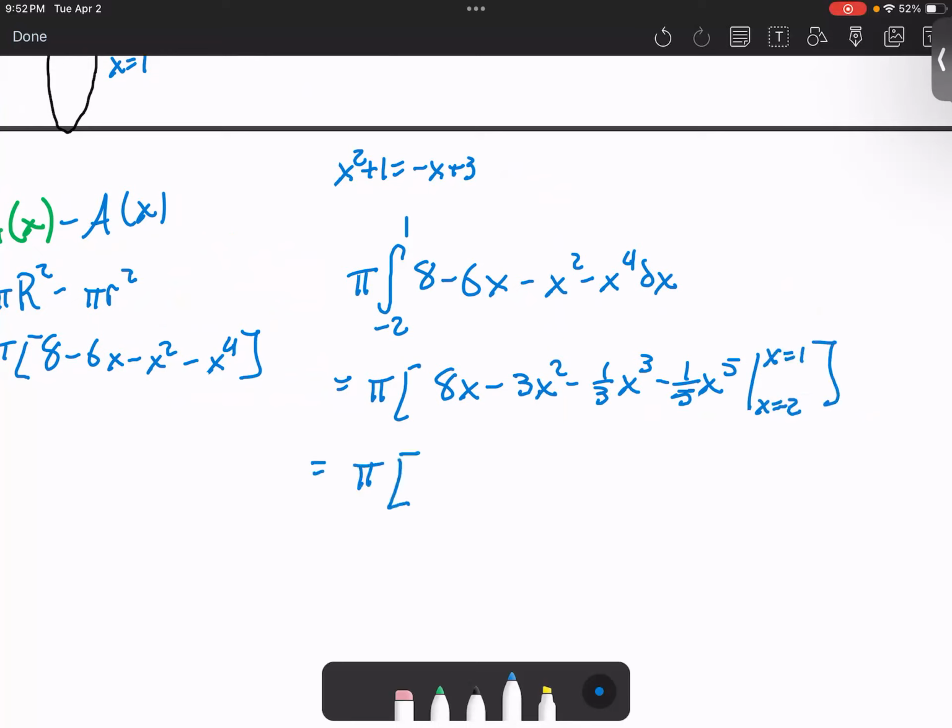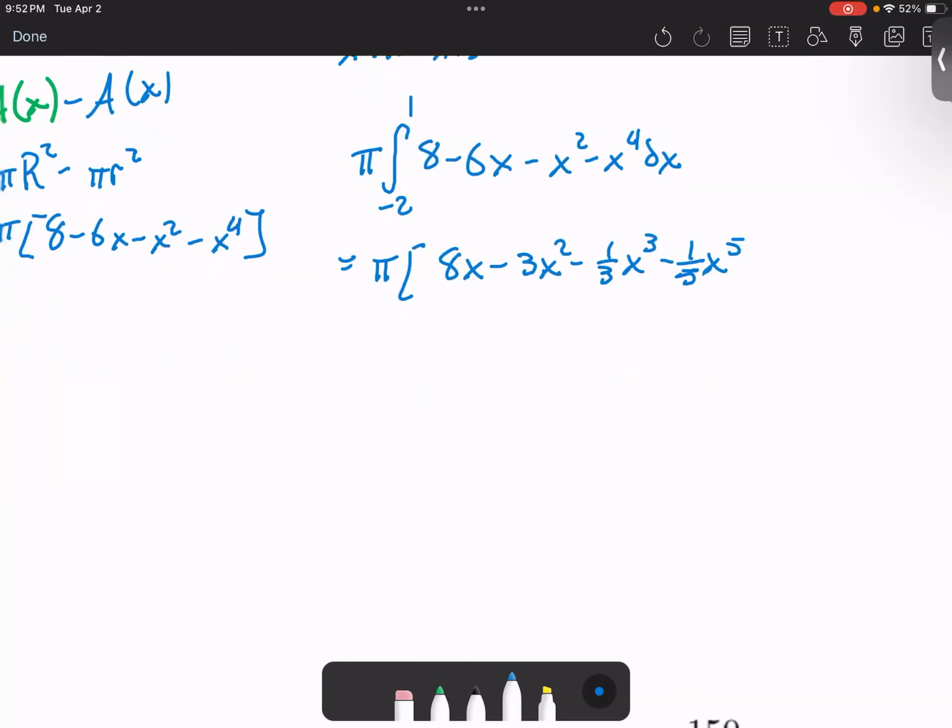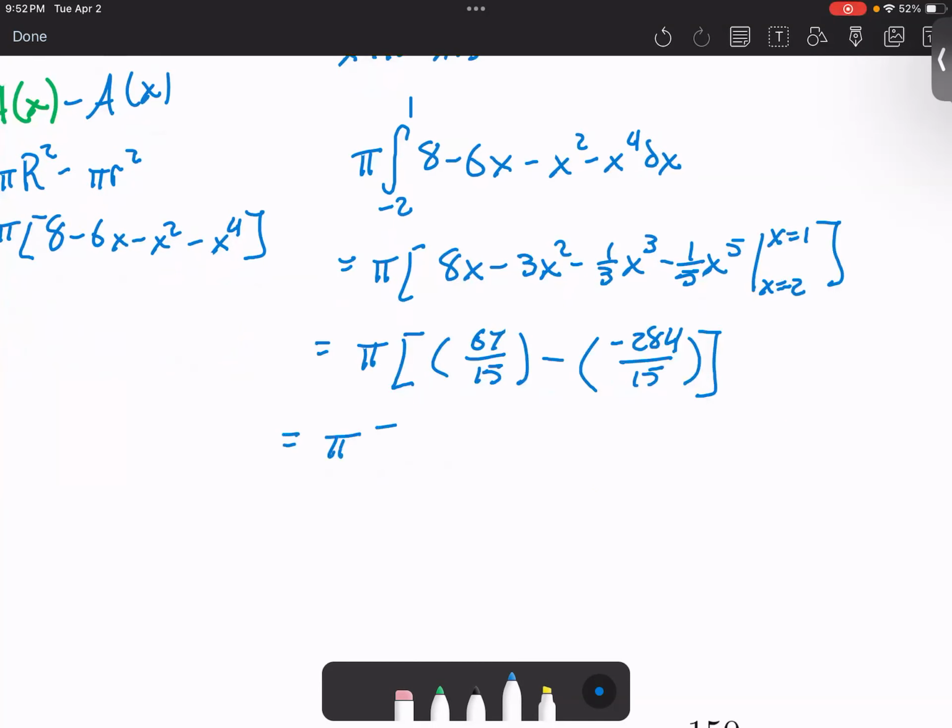Skipping all the gory details, if you take this antiderivative at the upper bound of 1, you get 67/15. And when you evaluate it at the lower bound of -2, you have -284/15. So by simplifying, you end up adding 67 to 284 over 15, and you find 117 pi over 5.